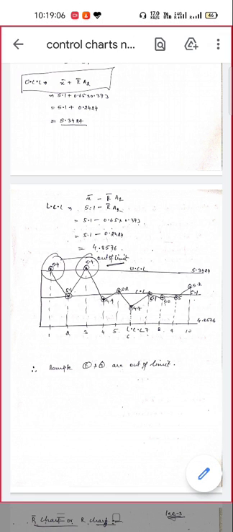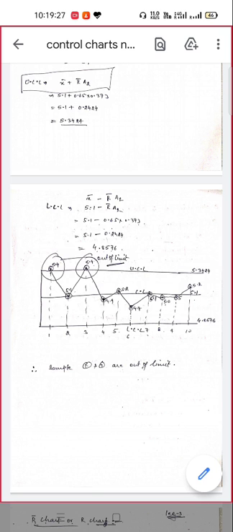Now we have to draw 3 horizontal lines for lower control limit, center line, and upper control limit. First we have to draw a vertical line. On that, the lowest line is the lower control limit, whose value is 4.8576.